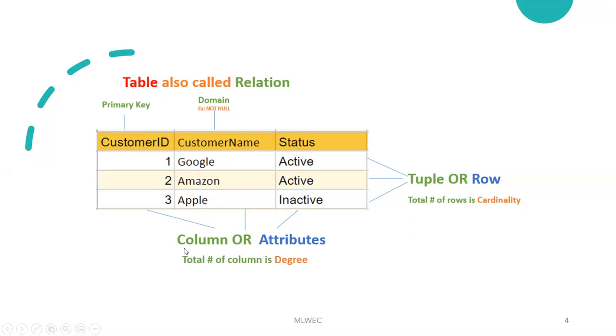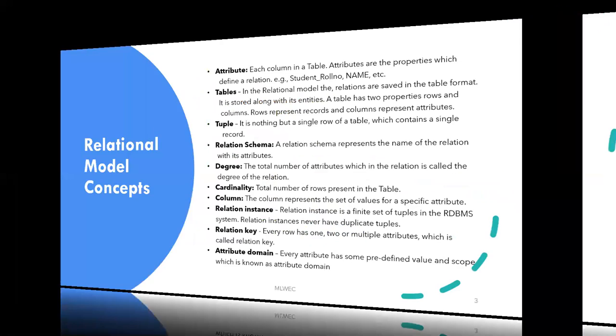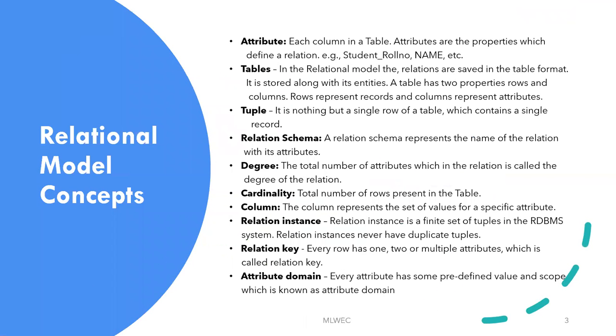The total number of columns is the degree, so here the degree is 3. Cardinality: the total number of rows present in the table, that is, how many tuples are in the table.